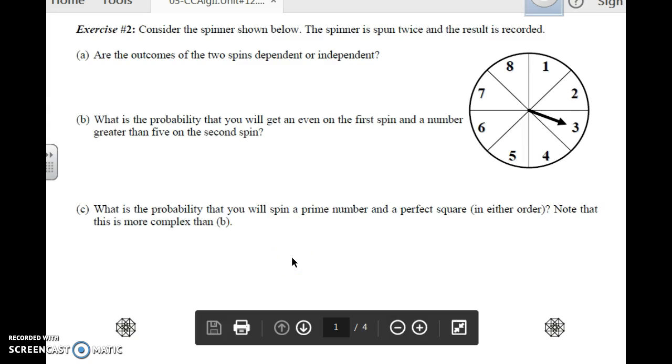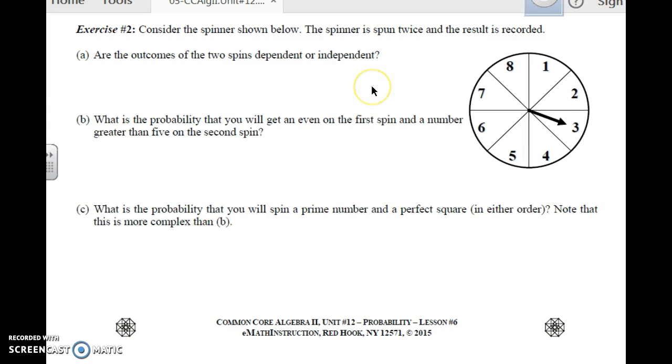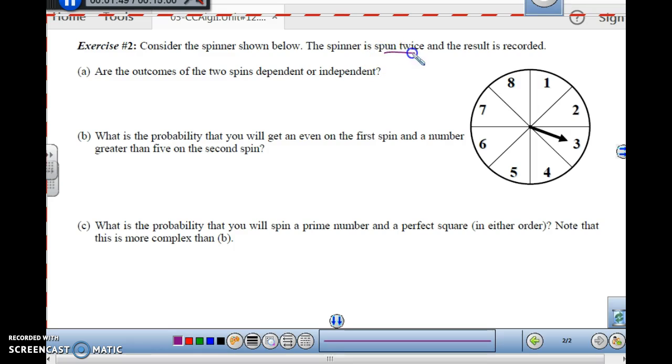Consider the spinners shown below. The spinner is spun twice, so it's going to be spun once and then spun again, and then the result is recorded. Are the outcomes of the two spins dependent or independent? Well, does spinning the first time affect the probability of spinning the second time? No. So they are independent.